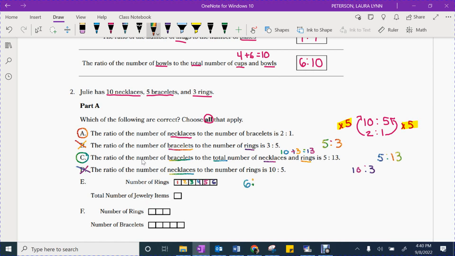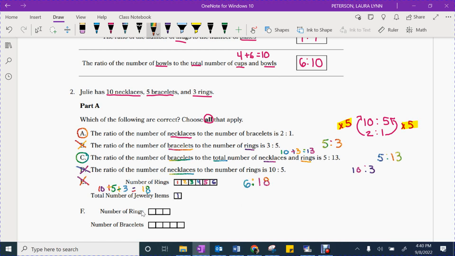Well, the total jewelry items would be adding up everything. And if I add up 10 plus 5 plus 3, that gets me 18. And this is only showing 1 block. So my ratio should have shown a 6 to 18, not 6 to 1. So E is not an answer choice.